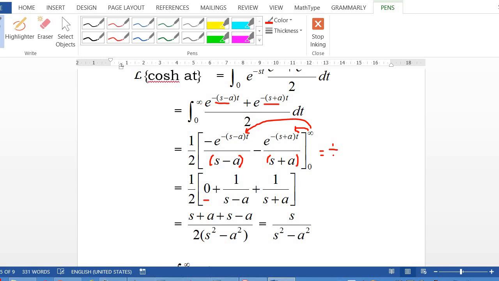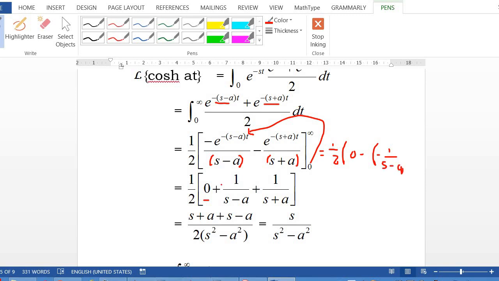We have half, upper limit 0 minus lower limit. For the lower limit, when you substitute t here by 0, exponent 0 is 1. So here you have minus 1 over s minus a.